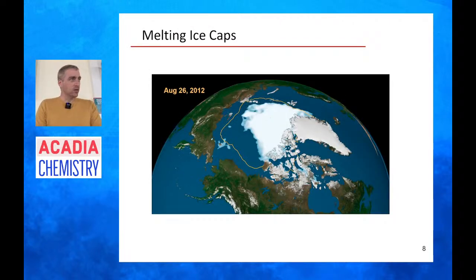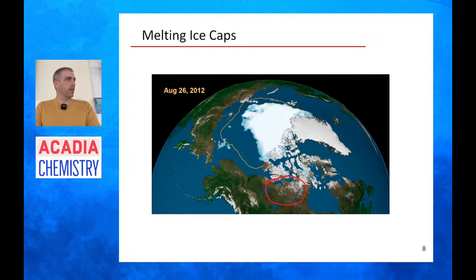Melting ice caps are certainly another phenomenon that we've been observing and monitoring in Canada pretty well every year. The white that you can see up top was the extent of the ice cap above Canada, right? This is Canada over here.